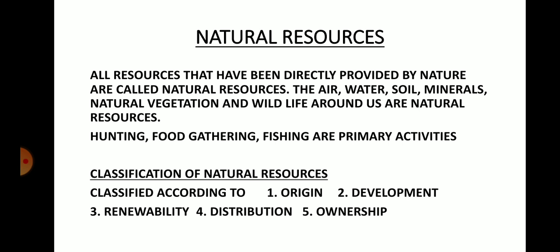So, what is primary activity? During ancient times, human needs were very few. So whatever things were available at hand, man used them, isn't it? Whenever he looked at food, he collected it and ate it.